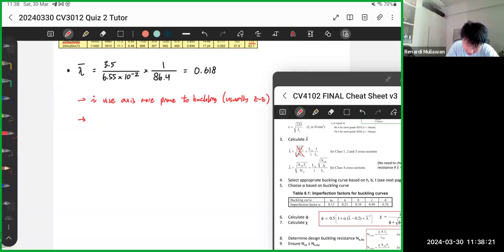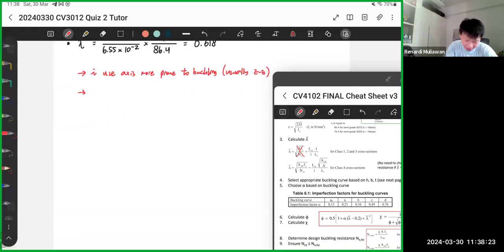So when is it not the case? For example, you have this. I think you can see this in the 2018 past paper, I forgot the exact year. Now consider this, so this is your column. Usually it's more prone to buckle this way because that's the ZZ axis. It's the weak axis.